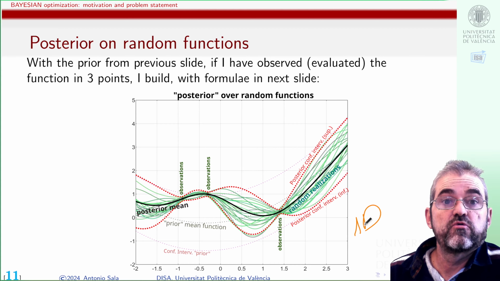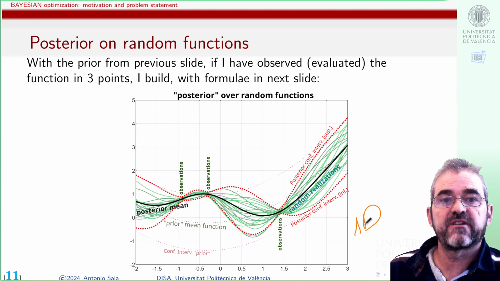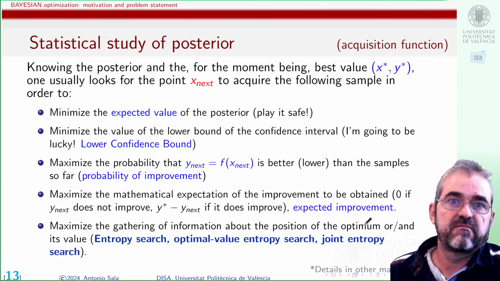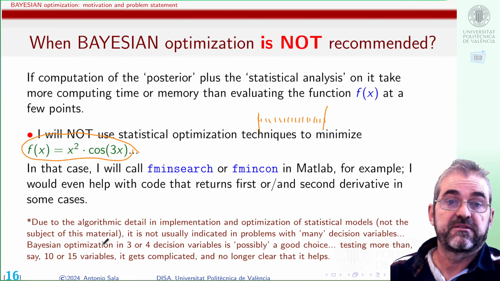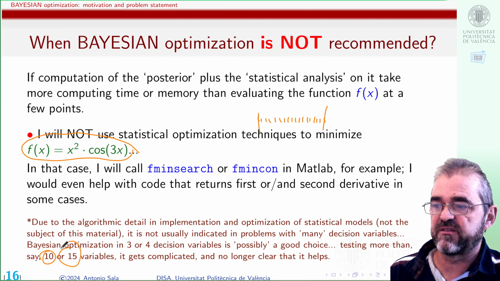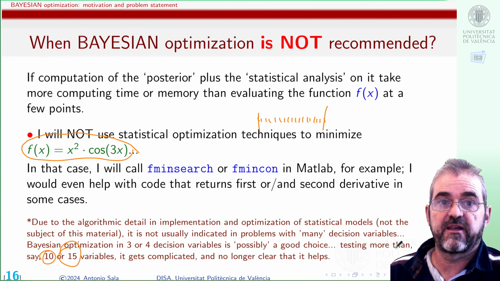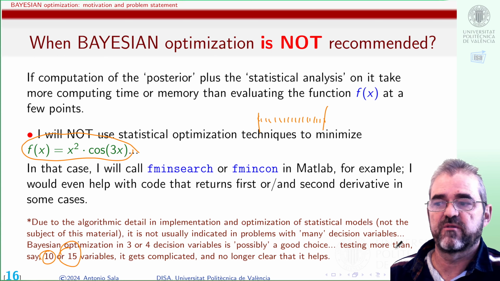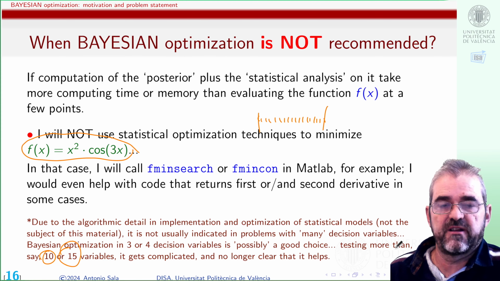So if you have 1, 2, 3, 4, 5 decision variables, let's say, then, okay, this is reliable and reasonably fast. But if you are going to do Bayesian optimization with 10, 15, 20 variables, then okay, it's no longer clear that it helps. The statistical analysis may take a lot. The posterior computation may need to invert large covariance matrices, and well, Bayesian optimization is not advised when you're optimizing more than 15, 20 variables.